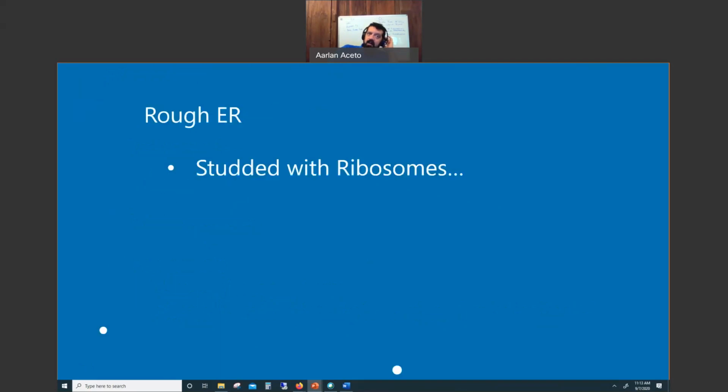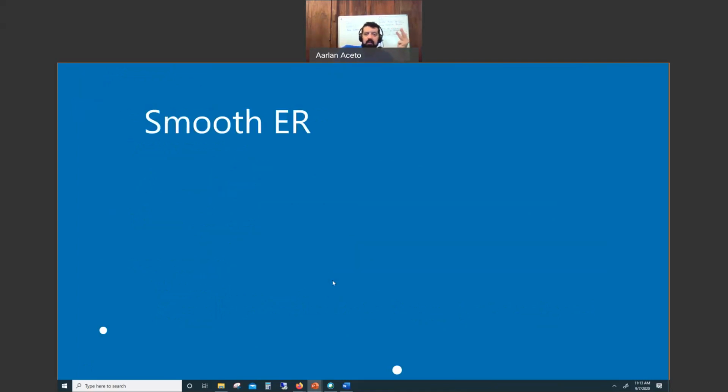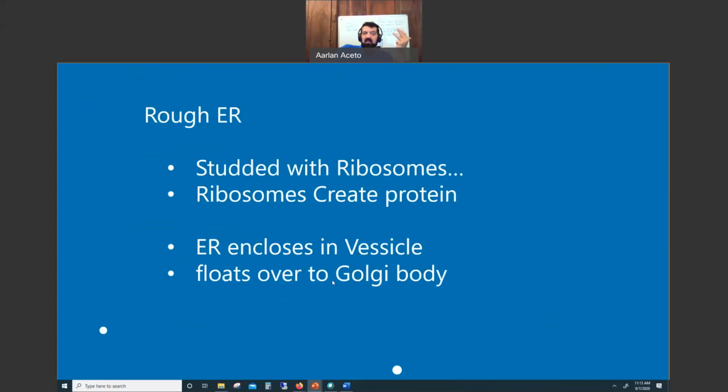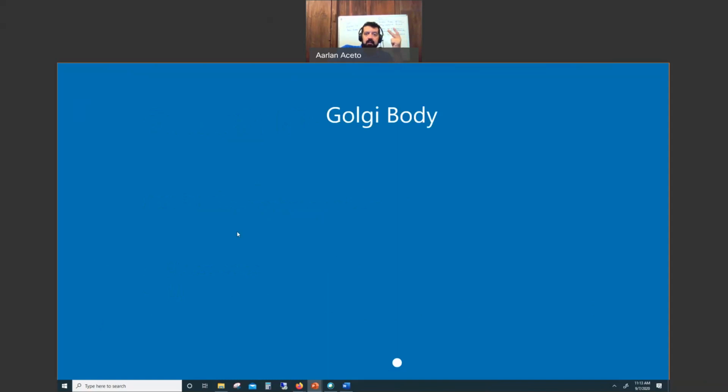The ribosomes create protein. The endoplasmic reticulum encloses that protein into a vesicle. They then get shifted over to the Golgi body, and that's what the rough ER is for. The smooth ER makes cellular products like hormones and lipids.